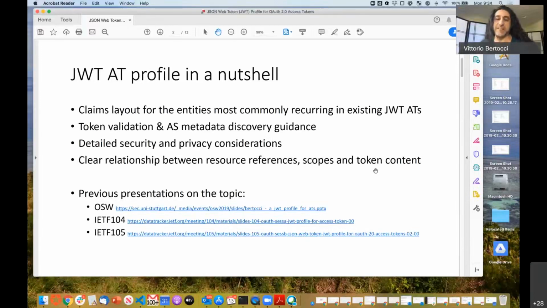And basically what we did in this profile was to identify claims that reoccur very often in those implementations that are used for well-known functionalities such as validating the token, conveying authorization information, sometimes conveying identity information, and we created a layout which reflects this, and we had quite a lot of discussions about it.